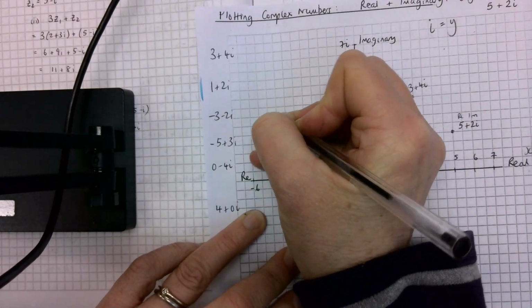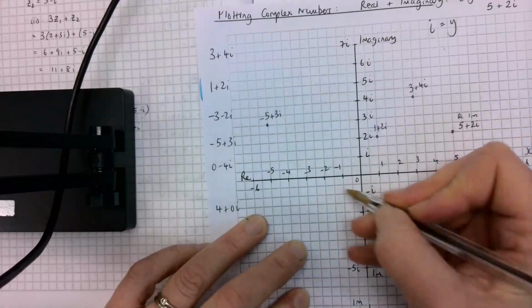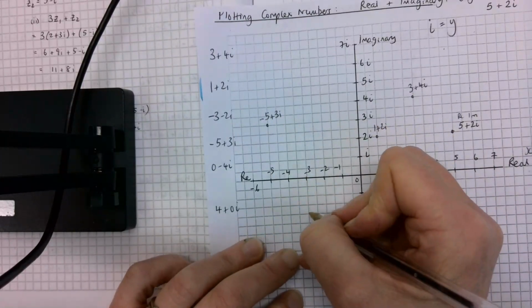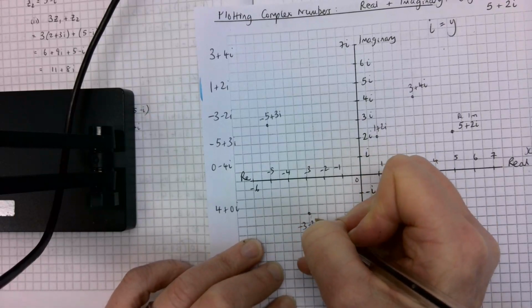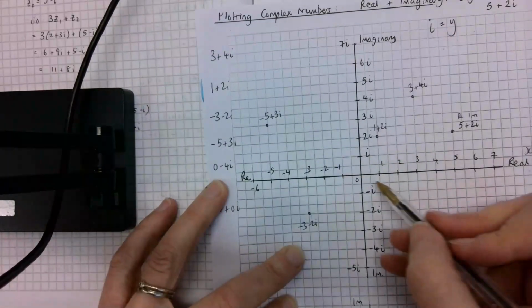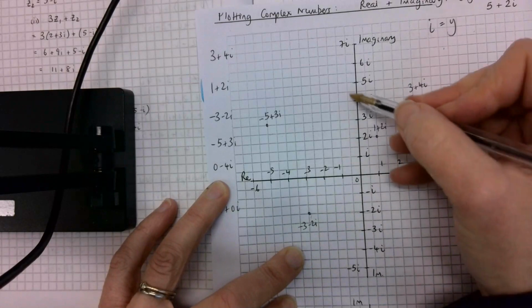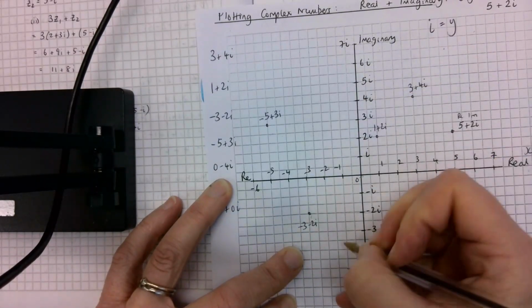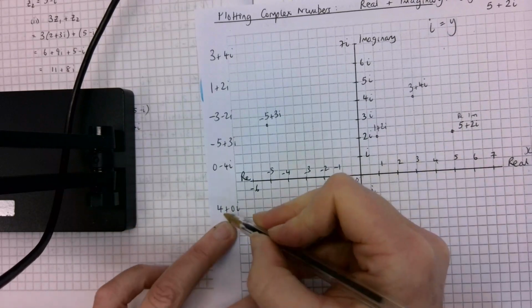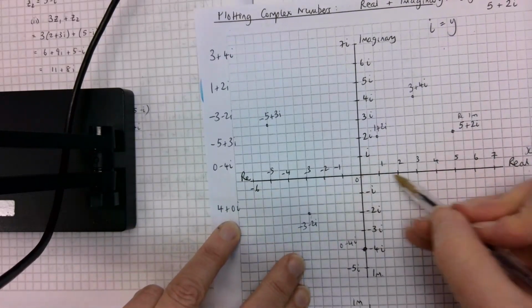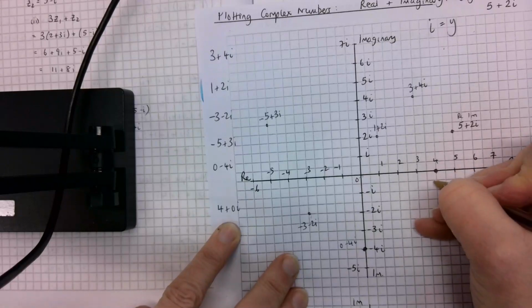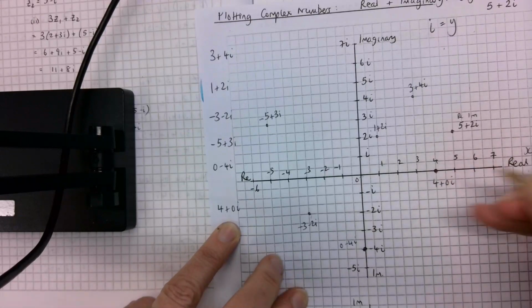Minus 3 minus 2i is down to there and across from there. 0 minus 4i means 0 on the real axis, which is here, and minus 4i is down here. And 4 plus 0i is 4 on the real axis and 0 on the imaginary axis.